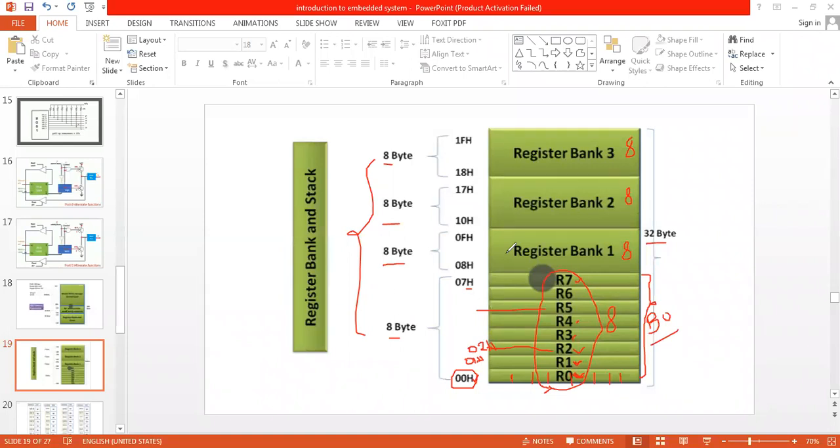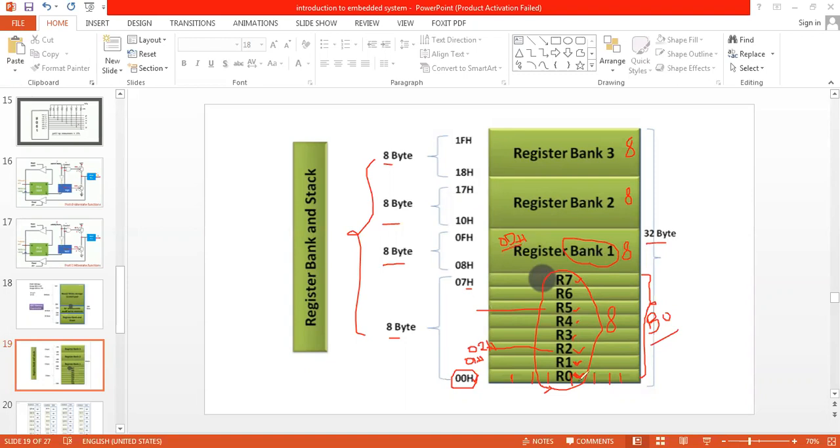Yes, make it fast. No one knows. It is 0DH. The address of the R5 register in bank 1 is 0DH.